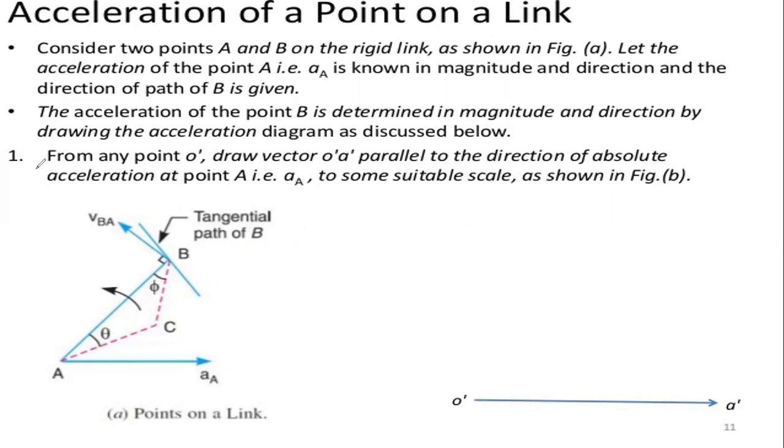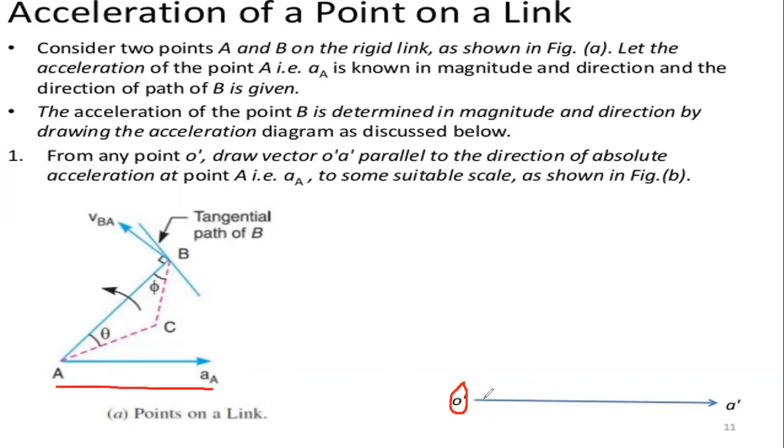First of all, we need to take any point. So I am taking the point O dash as the starting point. From any point O dash, draw a vector O dash A dash parallel to the direction of the acceleration of A, which is parallel to this line.